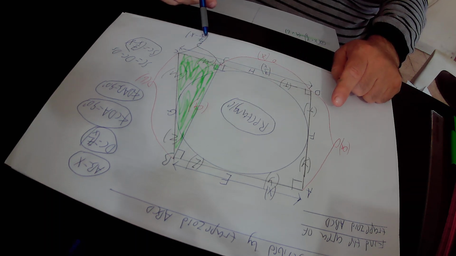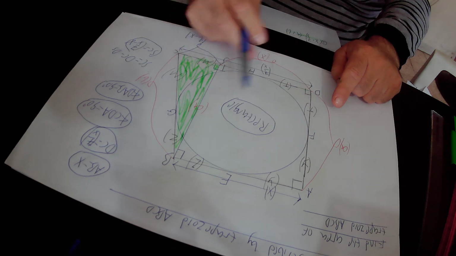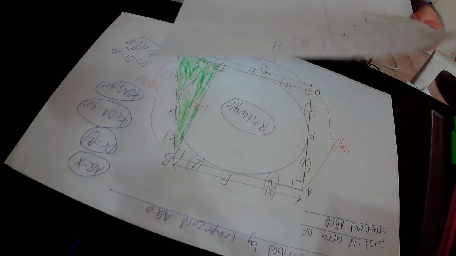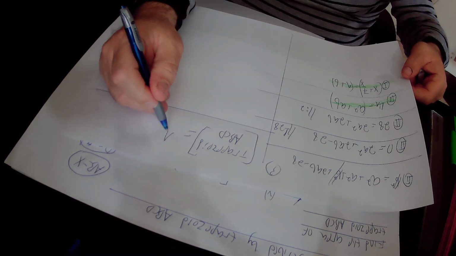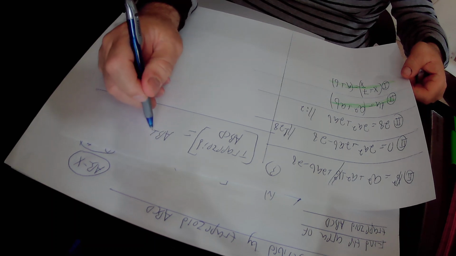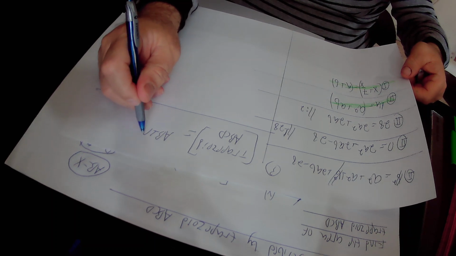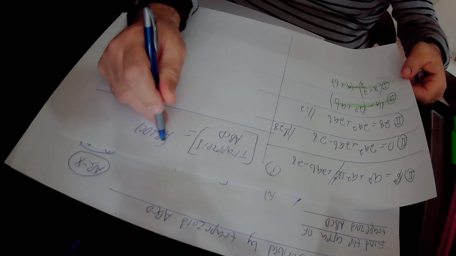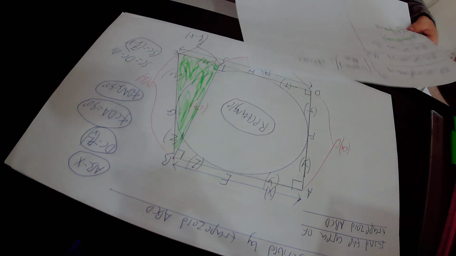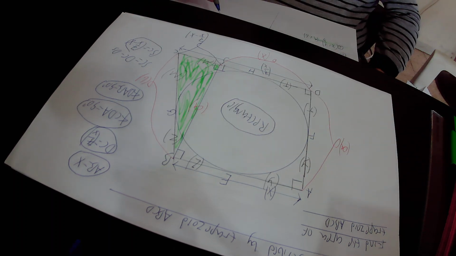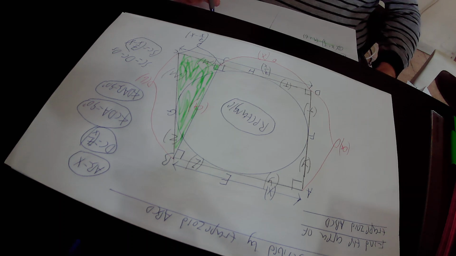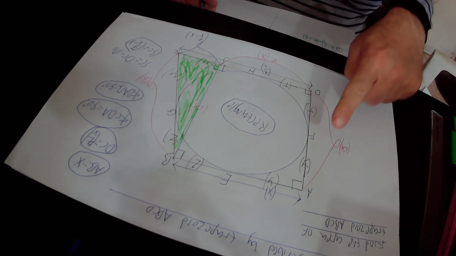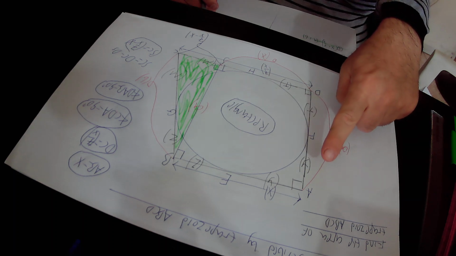And therefore the sum of the two bases is AB plus DC. So the area equals AB plus DC times the height over 2. The height is AD. Why is the height AD?